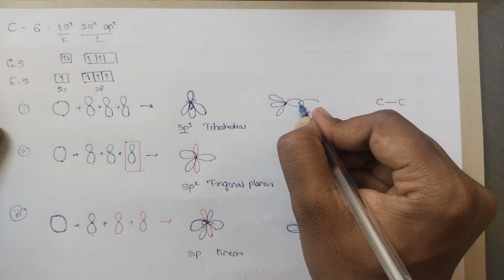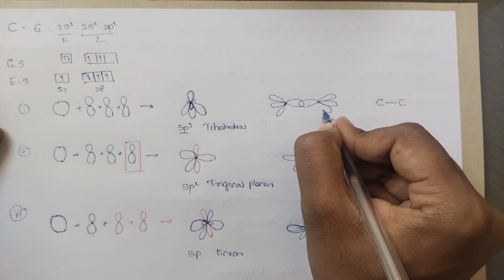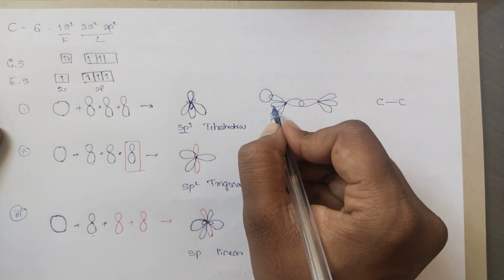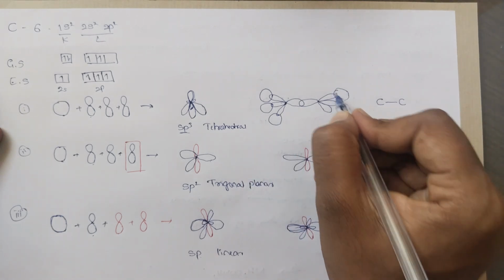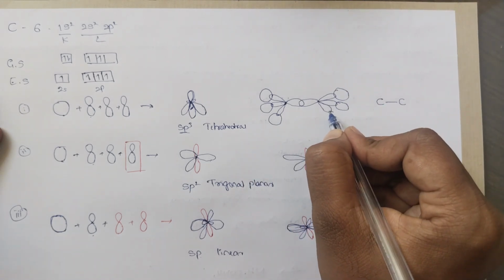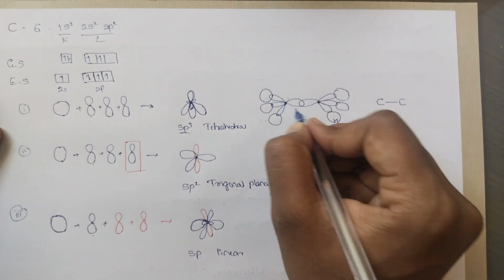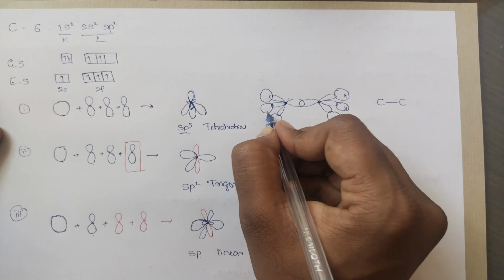Here you can see that. Okay, and here we have one H, another H, another H. So one H. These are the hydrogens. These are the carbons. This is another hydrogen. This is a hydrogen. This is also hydrogen.